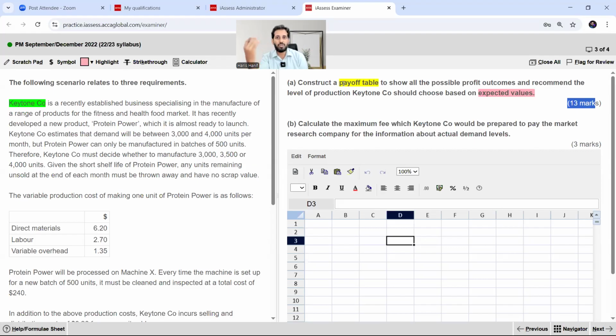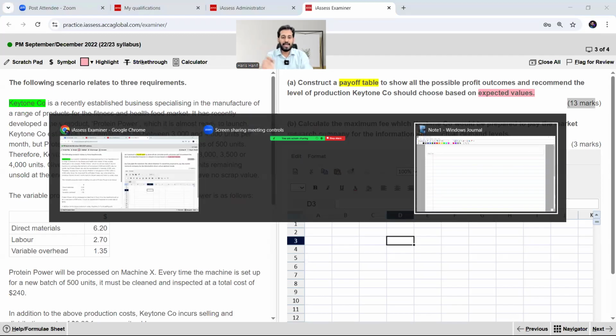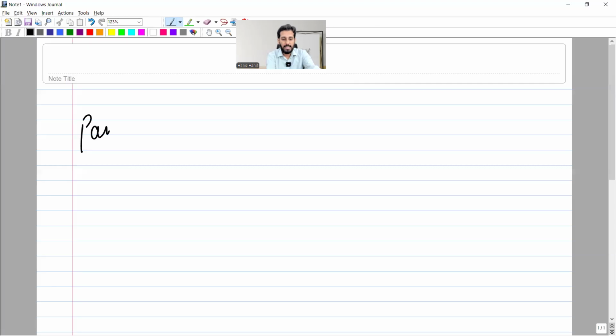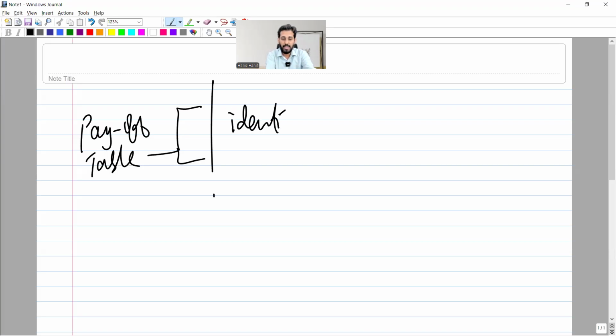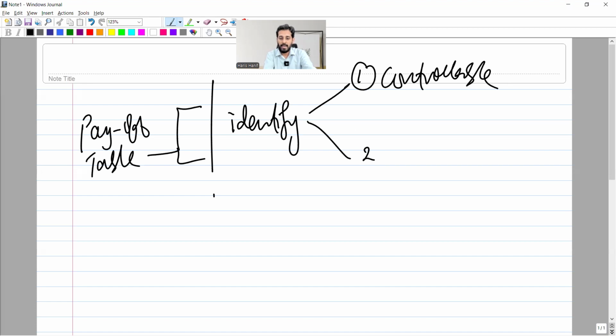What I have taught you in the regular class is that whenever you are supposed to construct a payoff table, it is a very simple point. Whenever you are drawing the payoff table, you should identify first, number one, the controllable factor, and number two, the uncontrollable factor.